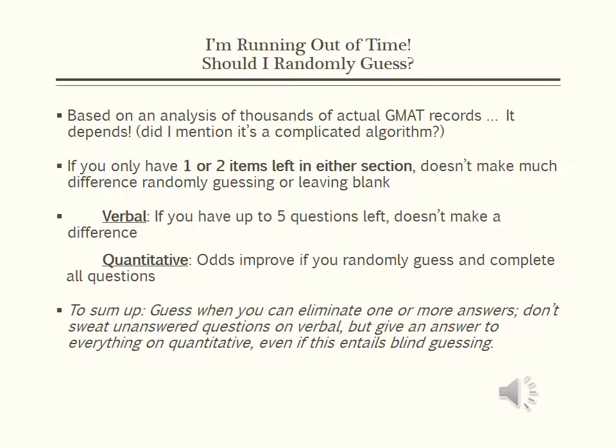If you're in the verbal section, if you have up to 5 questions left, it doesn't make a difference. If you're in the quantitative section, odds improve if you randomly guess and complete all questions. But to sum it up, guess when you can eliminate 1 or more answers, don't sweat unanswered questions on verbal, but give an answer to everything on quantitative, even if this entails blind guessing.